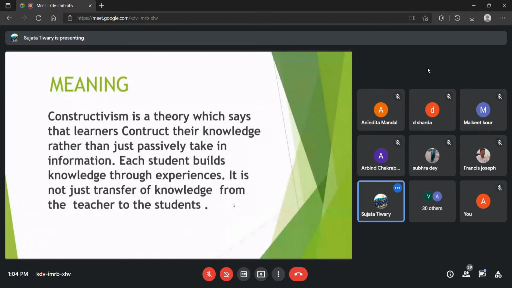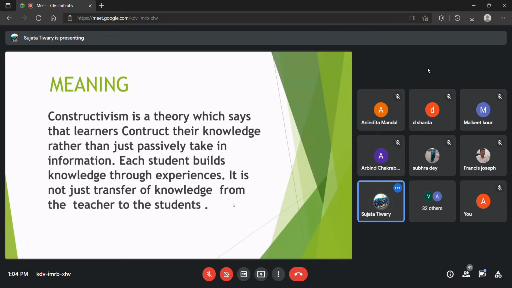Now, the meaning of constructivism: it is a theory which says that learners construct their knowledge rather than just passively take in information. It's not like the teacher is standing in front of the students giving a lecture or explaining, and the student passively takes it without interacting, without being directly involved.